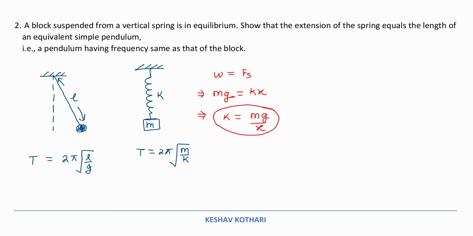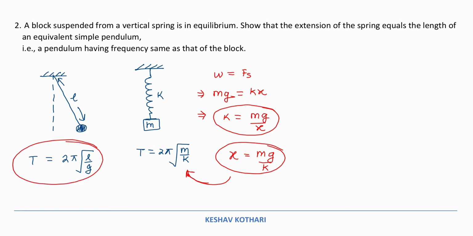If we use this expression, the problem is asking to show that the extension of the spring equals the length of an equivalent simple pendulum. So the extension, that is x, which will be equal to mg by k, can be used as an equivalent length of a simple pendulum. If I substitute this value of k, we get the same expression as for the simple pendulum.